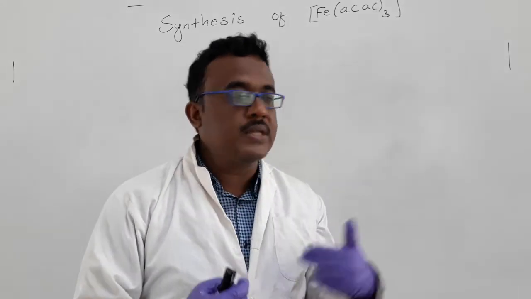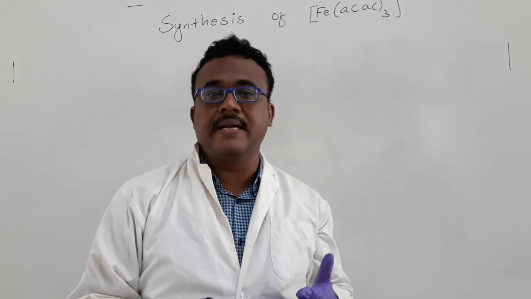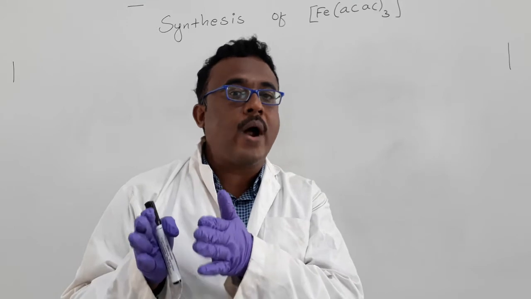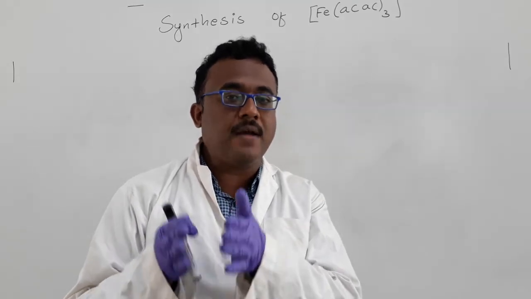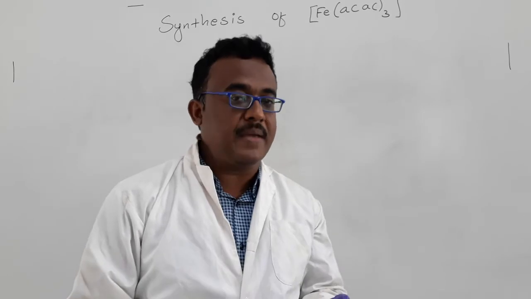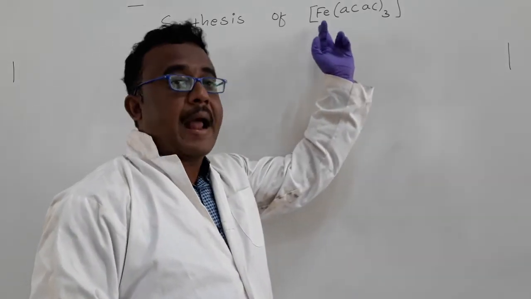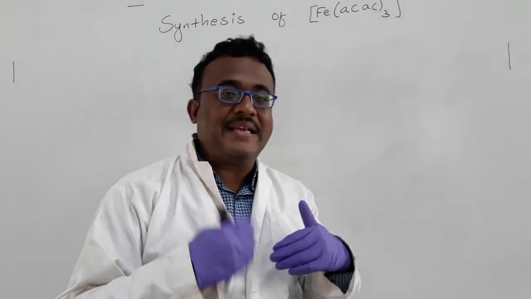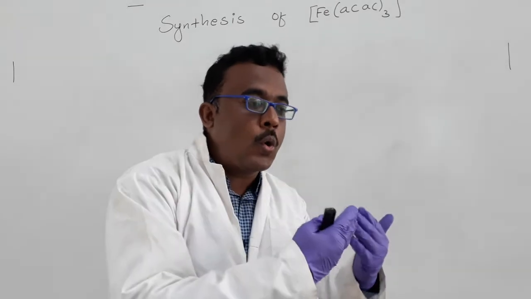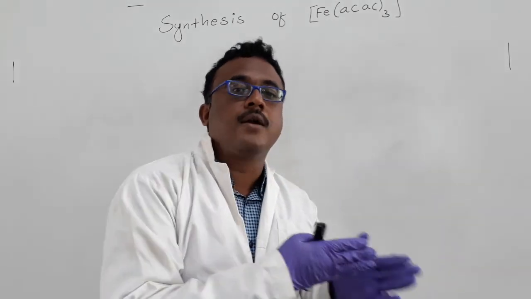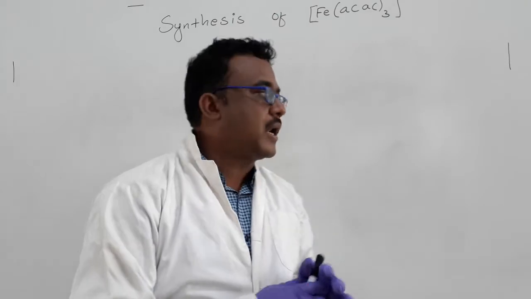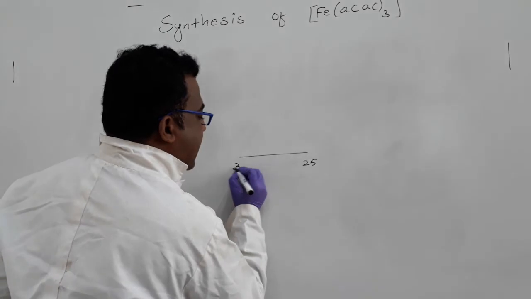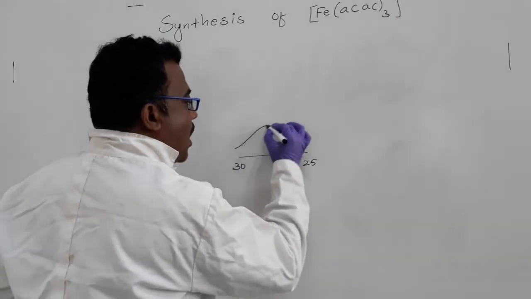But when we come to a system having a paramagnetic metal center, the peaks that we expect around the region of 1 ppm for the methyl protons will now disappear because of the presence of 5 unpaired electrons in the iron center. Due to the paramagnetic shift, the peaks go more towards the downfield region. Around 25 to 30 ppm we will see a broad peak.